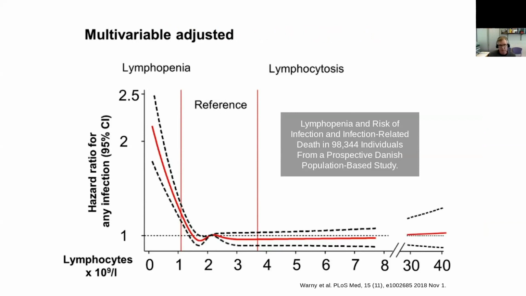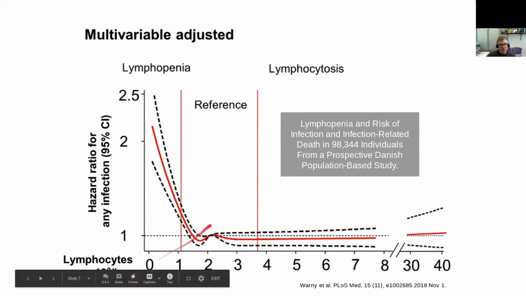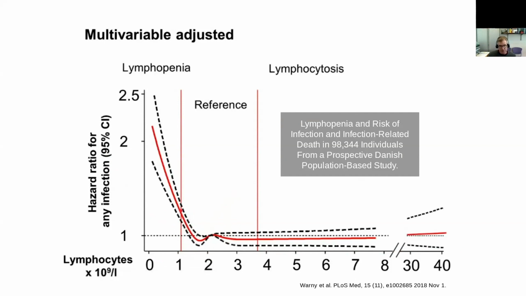This is probably the best study, from Denmark, where they looked at lymphopenia and risk of infection and infection-related deaths in almost 100,000 Danish people based on their national register. If you see on this slide, when you put the lymphocyte counts on the x-axis and look at hazard ratio, you can see that even when you hit 1, there's an increased risk of getting infections.